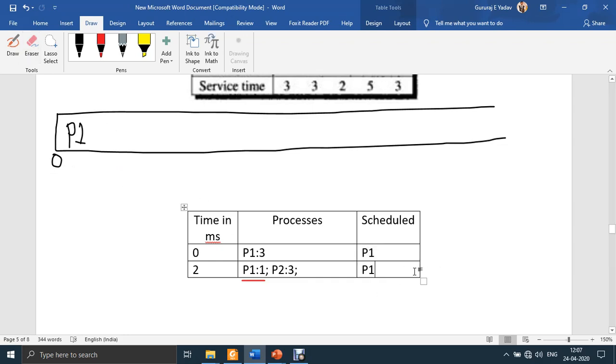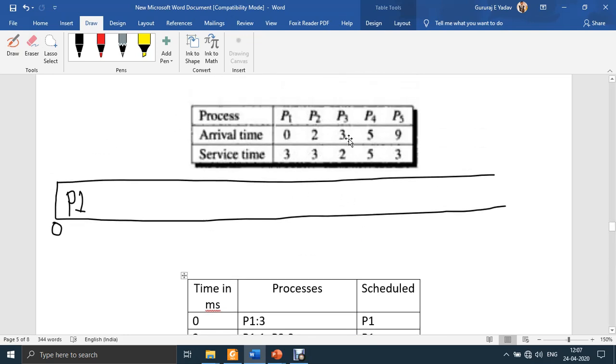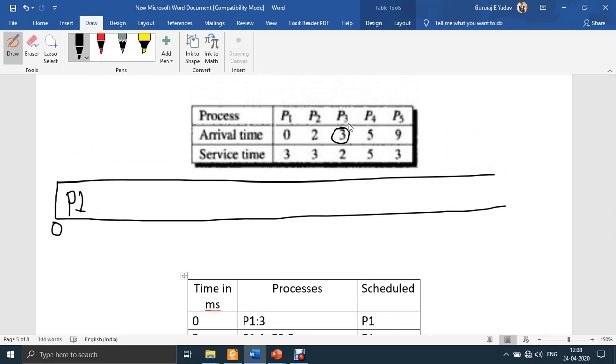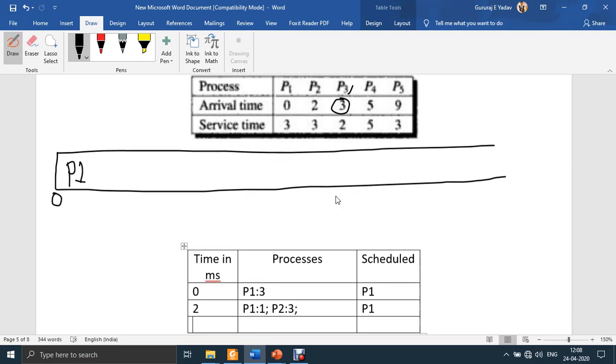That is the next question. That depends on when the next process arrives at the ready queue. When is the new process which is ready to execute arriving? At 3 milliseconds.